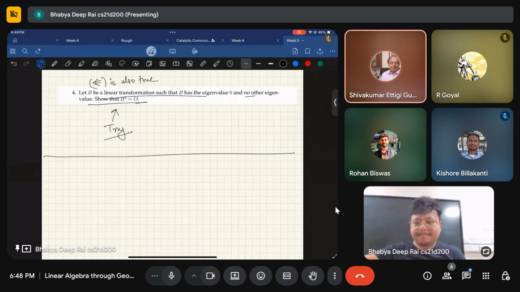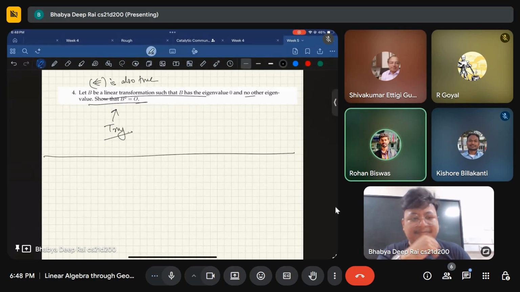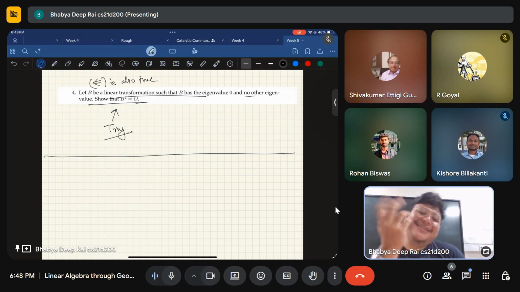So there is no vector in that plane, let's say R3 or Rn, on which if you apply that matrix transformation, it will scale or shrink it. It can only go back to 0. Am I right? Yeah, I mean, somewhat. You can say that you are right.